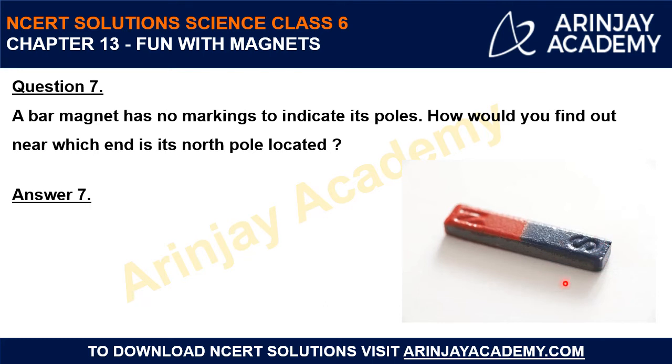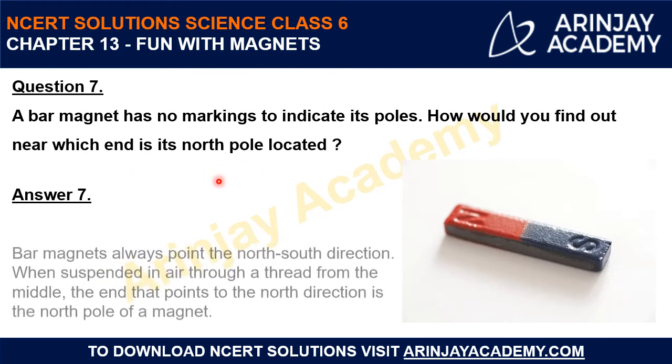But what if in case अगर आपके पास एक bar magnet है जिसमें ये poles को indicate नहीं किया गया है, so in that case, how can you find out where is the north and where is the south in the two ends of the bar magnet? So you need to tell by what method you can find out near which end the north pole is located. So let's see the answer.